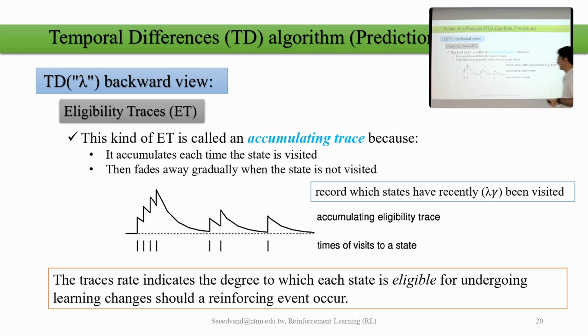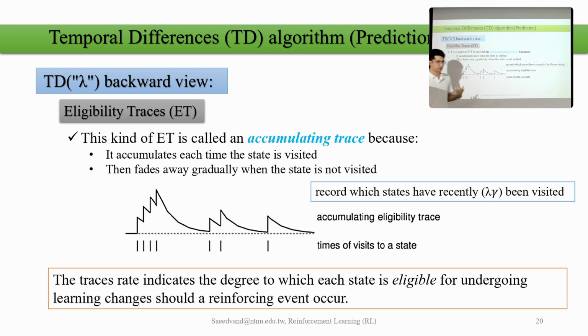We're going to see it in a second in the next slide. Here you can see what is happening: the number of visits to the state and the accumulated eligibility. You can see that it is increasing and decaying. After visiting again, increasing and decaying, increasing and decaying.